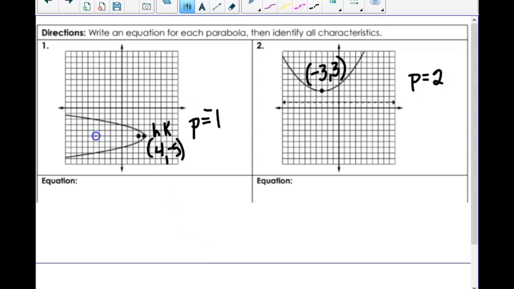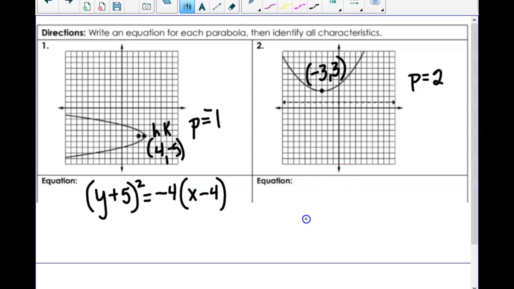When it opens left or right, the general equation starts with what? Y minus K, which will become plus 5, squared equals 4P. So 4 times -1 is just -4. And then it's X minus H, which would be X minus 4.